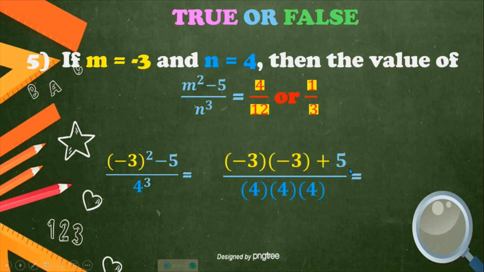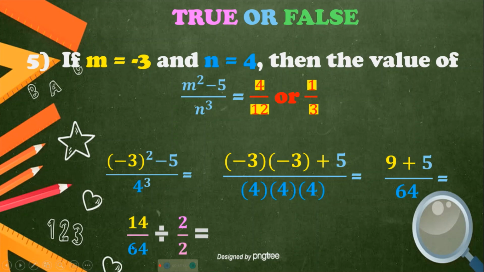So negative 3 times negative 3, dalawang beses kasi squared po yan. Then sa baba, 4 cubed, yung 4, 3 times natin siya. So negative 3 times negative 3, that is 9. Then plus 5. 4 times 4 is 16 times 4 is 64. Then 9 plus 5 is 14 over 64.